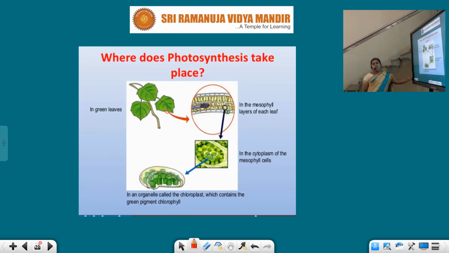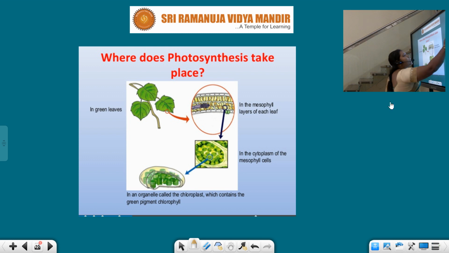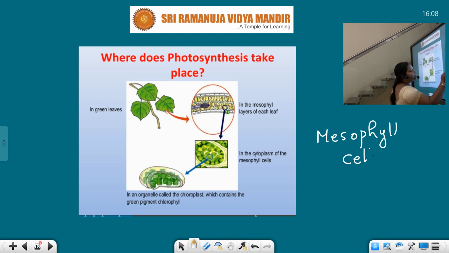Where does photosynthesis take place? Just now I explained, all the green plants perform the process of photosynthesis. See children, in the leaves we have a special type of cells known as mesophyll cells.